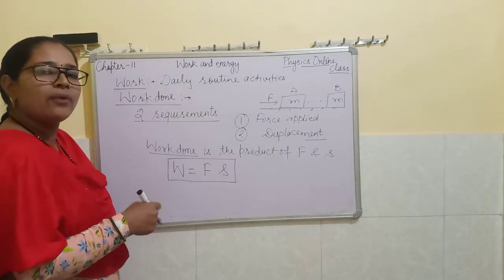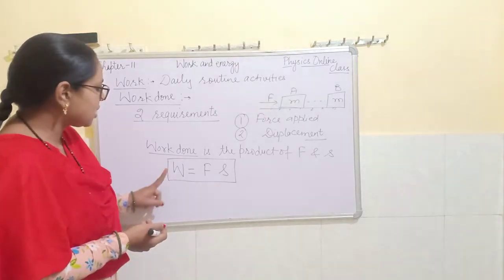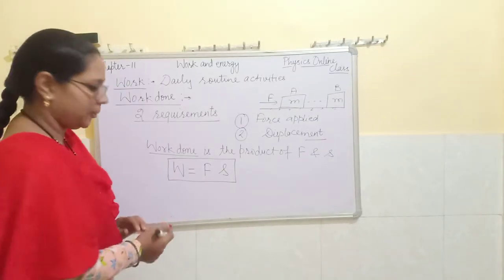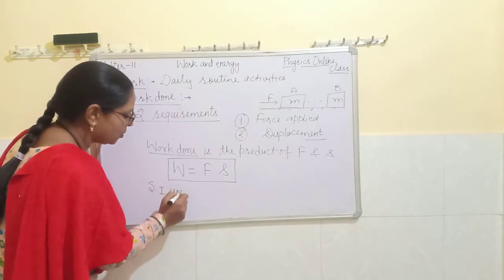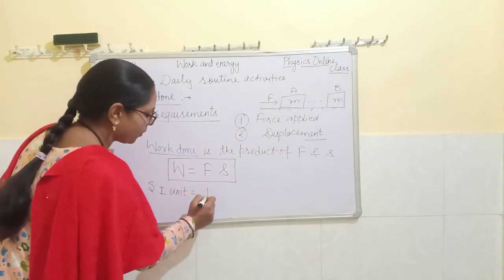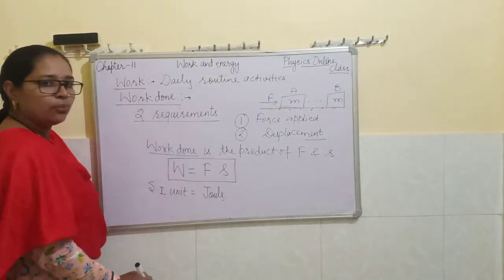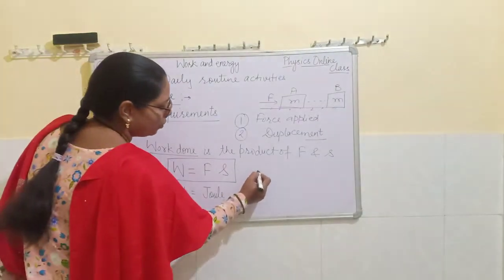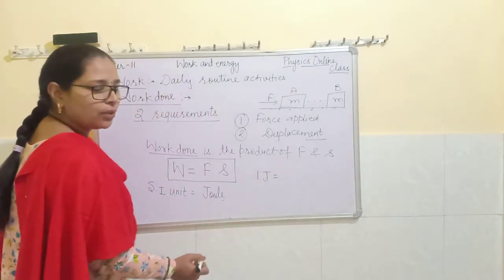Now as we know, every physical quantity has a unit. What is the SI unit for work done? The SI unit for work done is joule. And how can we define 1 joule? If 1 joule work is said to be done, then what do we require?